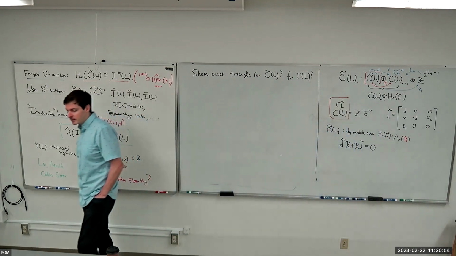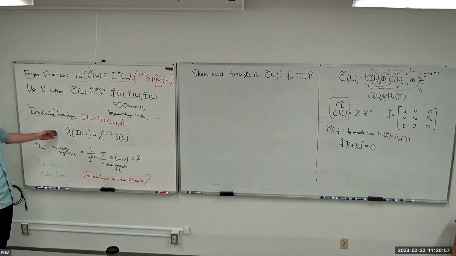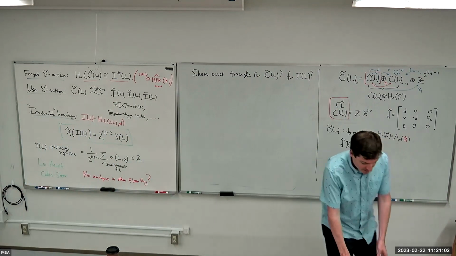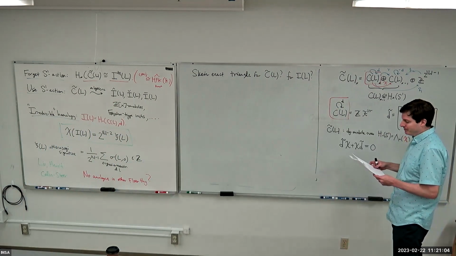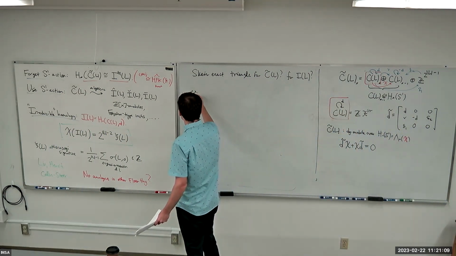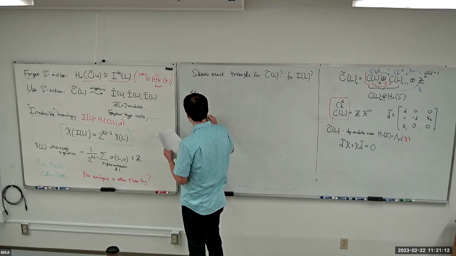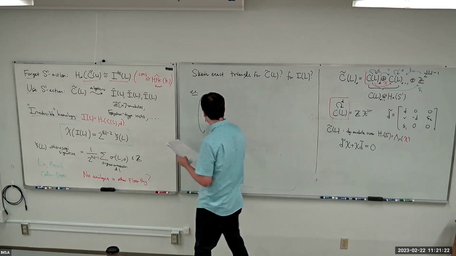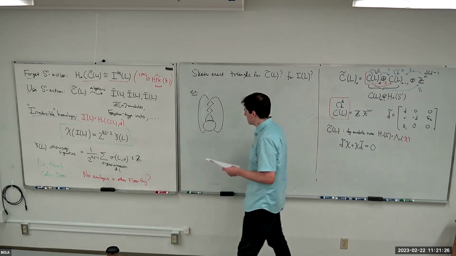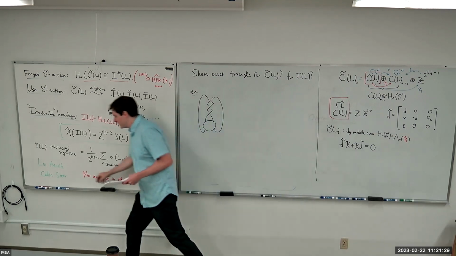That seems interesting. We get some kind of skein exact triangle for this theory, which, as far as I know, isn't looking like some of the other theories. Let me just give a very simple example of how you might approach this.